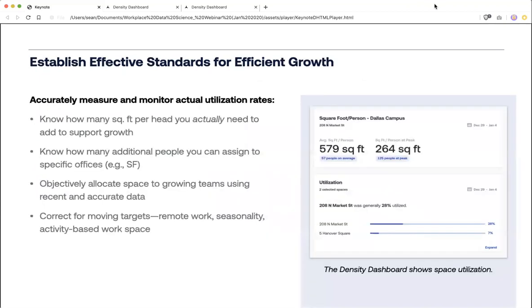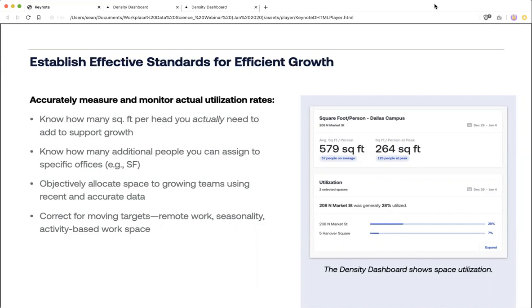So what does this mean in terms of how we should be thinking about and what our best clients are doing with data? This is a simple idea, but it's really important as we look at meeting rooms in different spaces within an organization. So you want to establish effective standards as you grow or shrink.